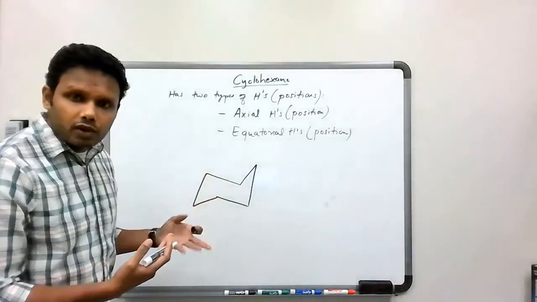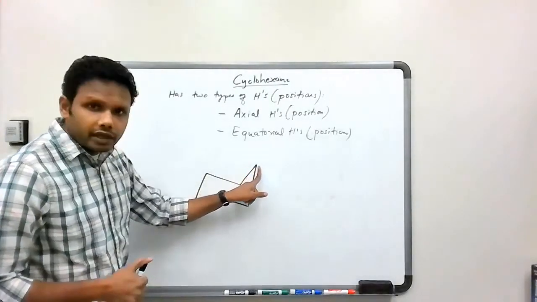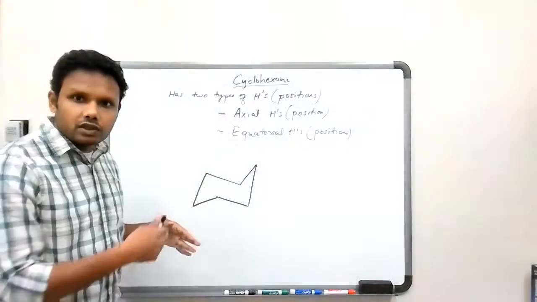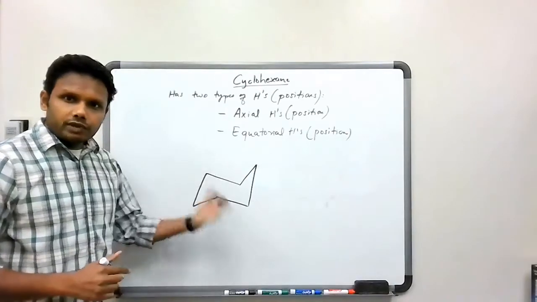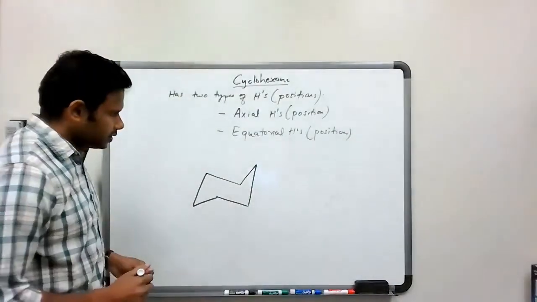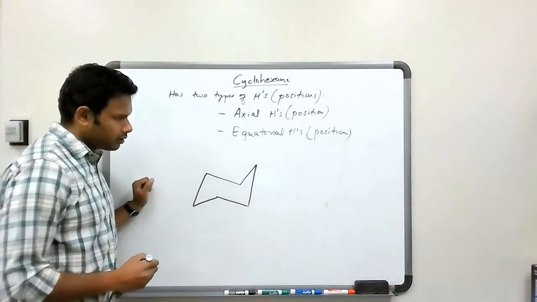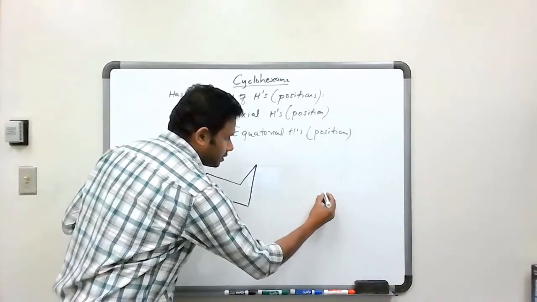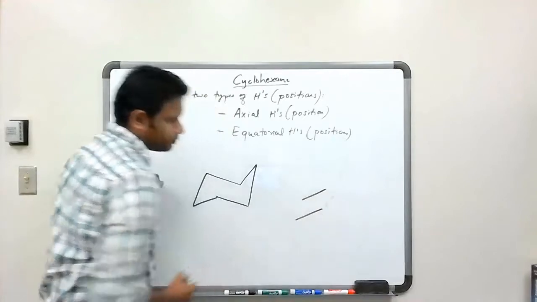In this particular conformation of cyclohexane, notice this is the headrest, that's the footrest, and this portion here represents our seat. Now for this other conformation of the cyclohexane, I'm going to draw two parallel lines such that they slant in the opposite direction.